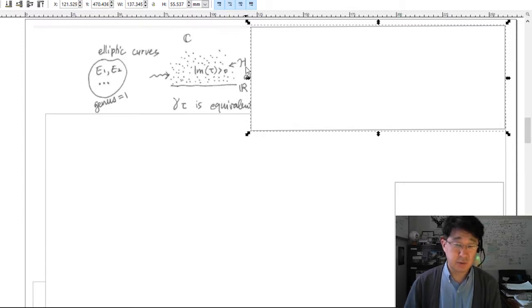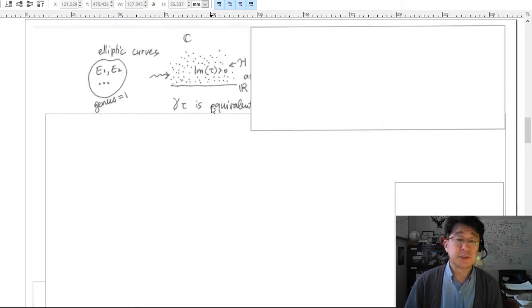So this H represents the upper half plane of the complex plane. Down there is the real line, and this whole thing, including the bottom part, is supposed to be the complex numbers. And the next thing is the isomorphism class.